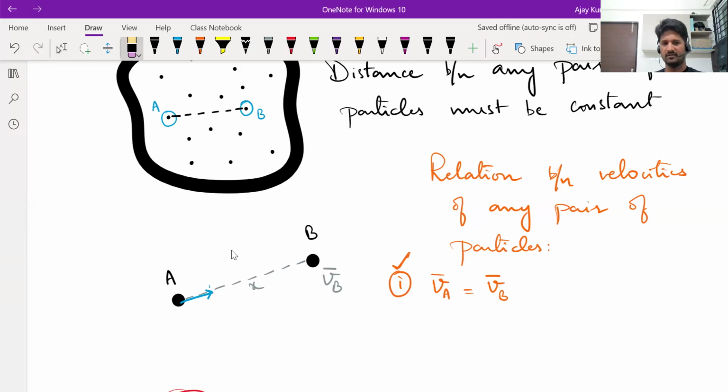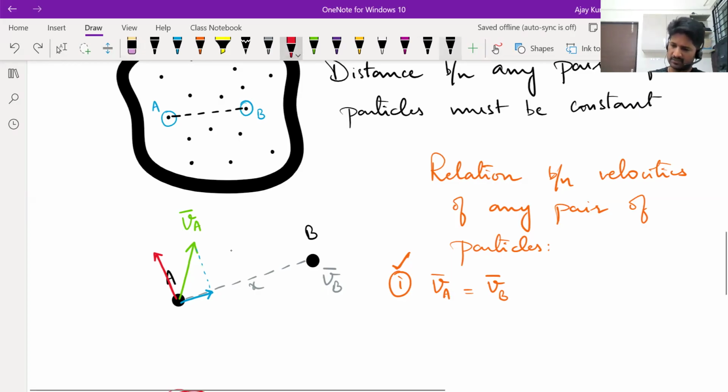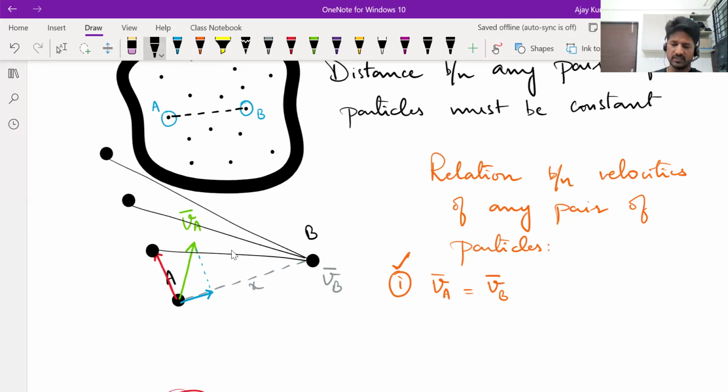It will. Okay. See, it is actually only the blue component which can change the distance between A and B. The red one cannot. Now, some of you may be thinking, sir, why not the red one? Because if A follows that path and goes like this, then the distance between A and B will change. Initially it is X, later it is greater than X. Distance will change, you may say.